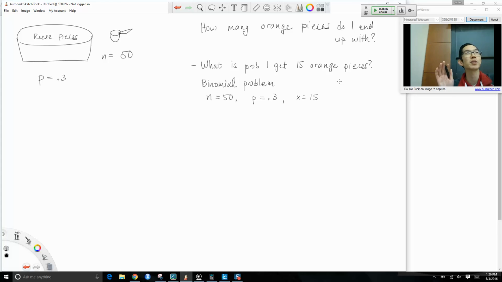I don't know, do we see that? Kind of? Okay. And so when we ask, what is the distribution of orange pieces? Well, it's going to follow the binomial distribution.